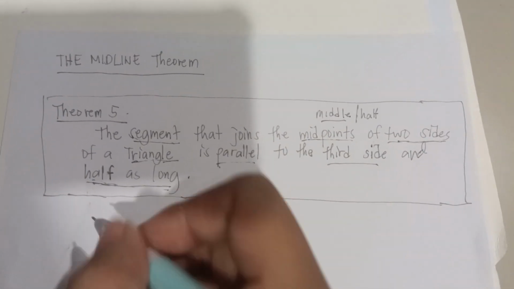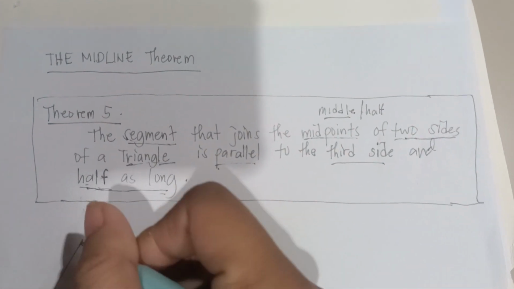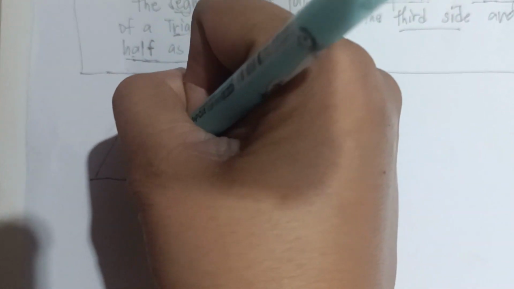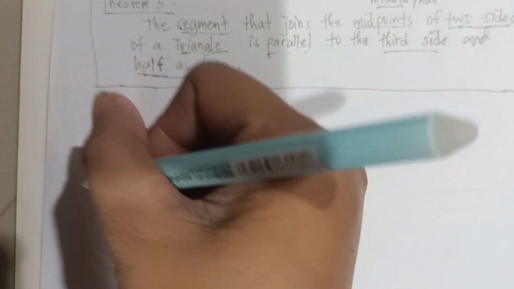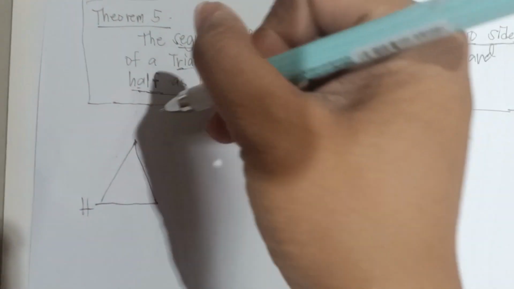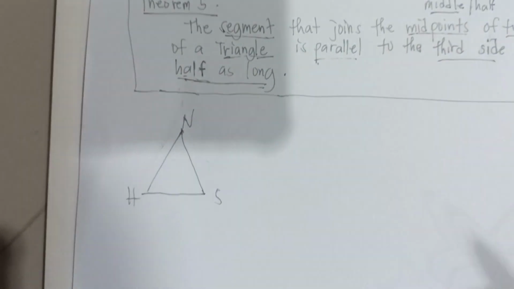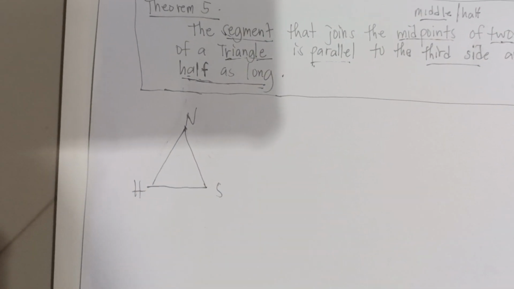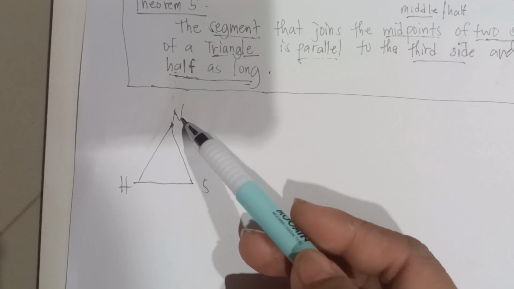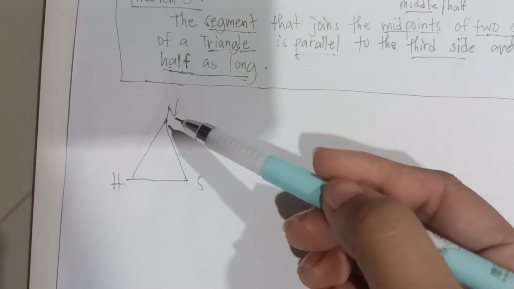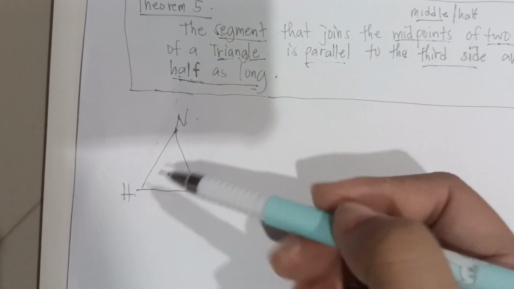So to illustrate, I'm going to draw here a triangle, and we are going to name this triangle H and S, wherein the two sides that I am referring to would be side NH and side NS. So I'm going to get the midpoint.